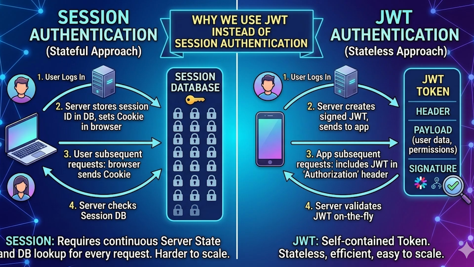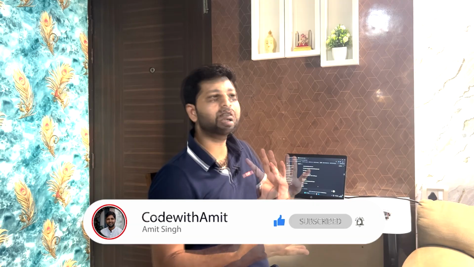The JWT token itself has the full detail. That is one advantage. The second advantage is that it is scalable for microservices. And the third advantage is that it works very well with Angular, React or any mobile application. It is very lightweight, easy to implement, and secure compared with session-based authentication.